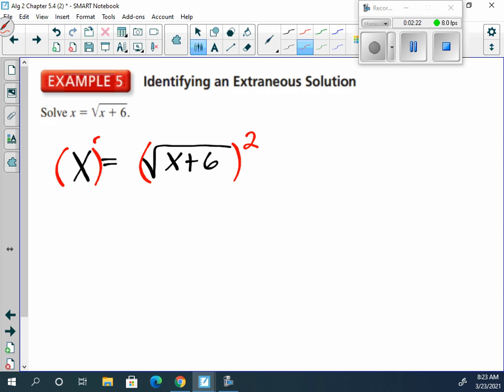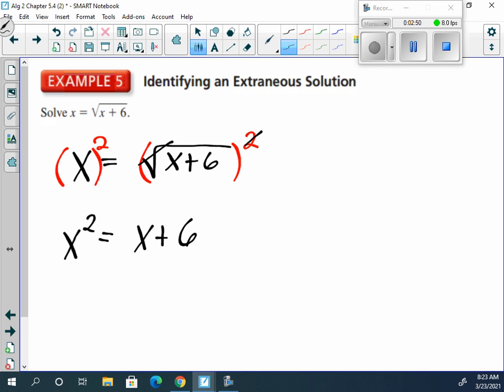The second power. We want to square both sides. When we square both sides, x squared is going to be x squared, and the square root of x plus 6 squared, well, the square root and the square would simplify, leaving us with x plus 6.